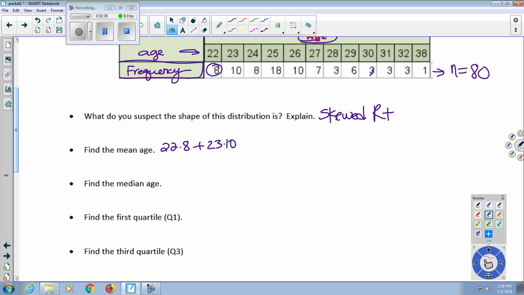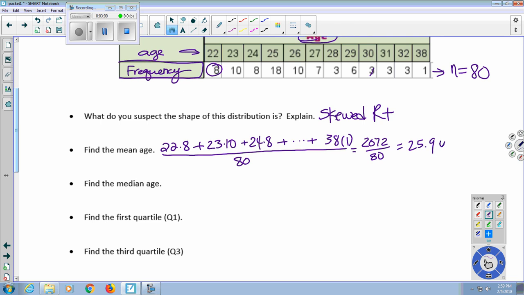That's 10 players, plus the players with age of 24, 8 players, and so on, all the way till we get to the age of 38, in which we only have 1 player. This will be over the total number of players. So we can do this calculation, and we come out to be 25.9 years.